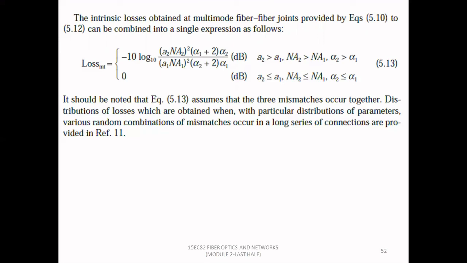Intrinsic loss equal to minus 10 log 10 of (A2 NA2 squared into (alpha 1 plus 2) into alpha 2) divided by (A1 NA1 the whole square into (alpha 2 plus 2) into alpha 1) in decibels, for A2 less than A1, NA2 less than NA1, alpha 2 less than alpha 1, otherwise it is 0 decibels for A2 greater than or equal to A1, NA2 greater than or equal to NA1, alpha 2 greater than or equal to alpha 1. It should be noted that equation 5.13 assumes that the three mismatches occur together.